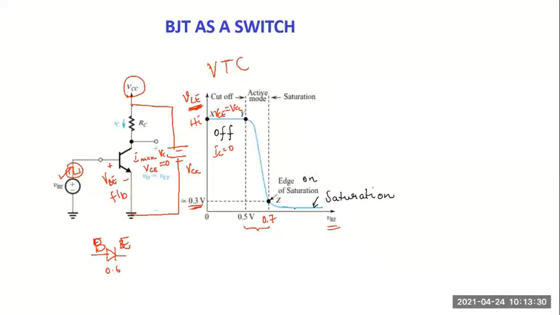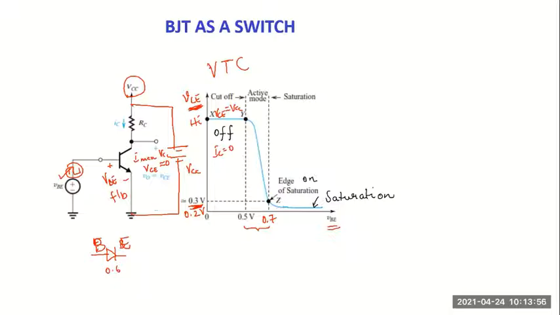So the transistor output voltage is in this region, which is very low, 0.3 volts. Remember, when a transistor is in saturation, the voltage across the transistor will be just 0.2 or 0.3 volts. That happens when I connect the positive half cycle of input and forward bias the base emitter junction.